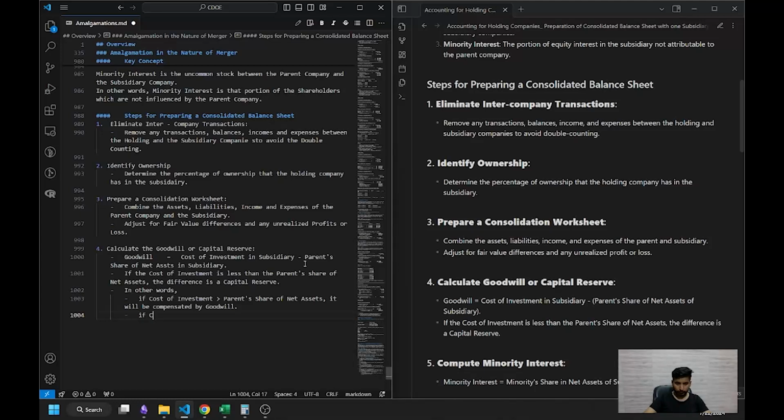However, if the cost of investment is less than the parent's share of net assets, the shortfall is a capital reserve.